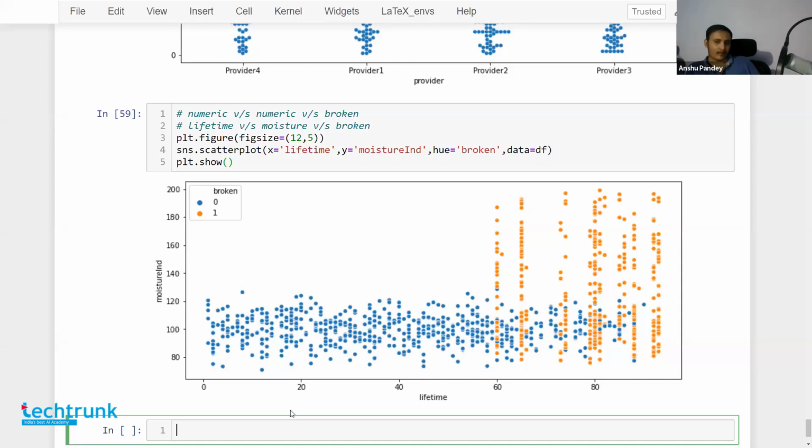And then any other pattern? With respect to moisture, you might find some. When you look at the moisture, maybe moisture more than 120 or 130, the machines which are producing moisture more than 120 or 130 are almost all getting damaged.